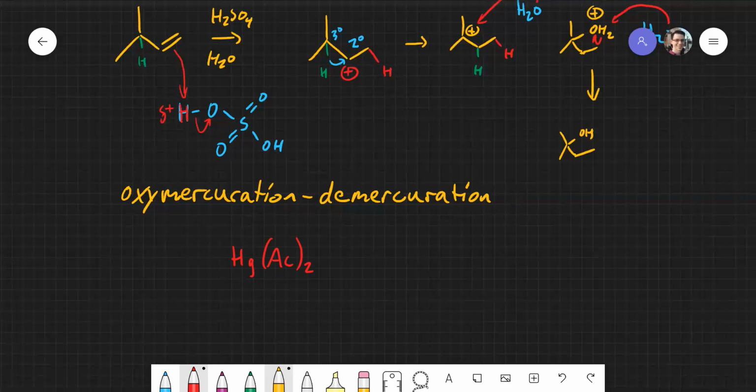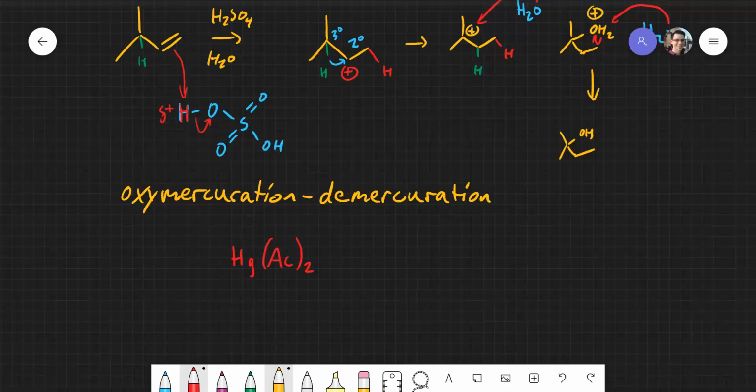It's also a very unsafe metal, and one of the products of this reaction is mercury metal. So definitely not something we would do in a high school laboratory. It can be done at the industrial level, but probably not even at college due to the safety concerns of using mercury. But still, it's a useful reaction to understand.